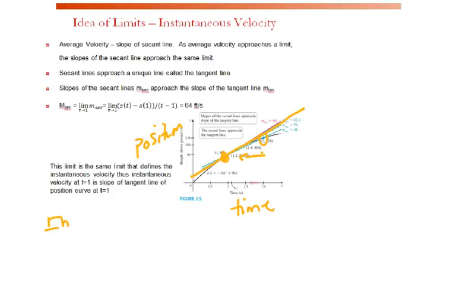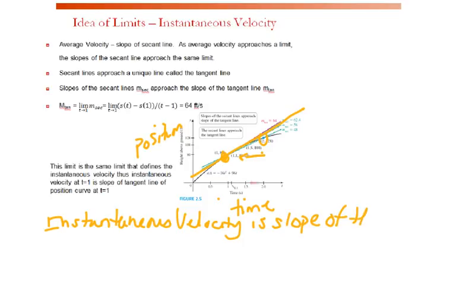So instantaneous velocity, and hopefully this will help some physics students, is the slope of the tangent line of the position curve.